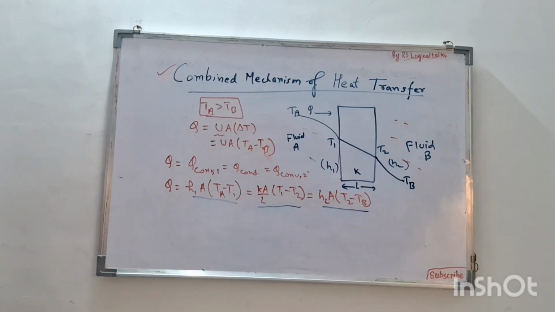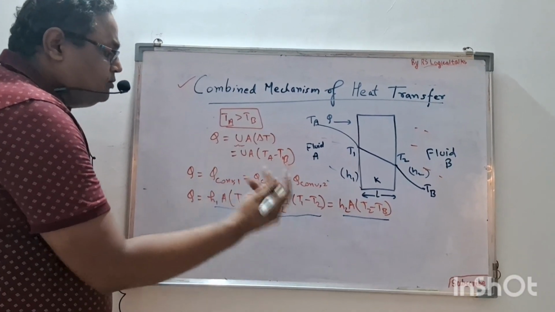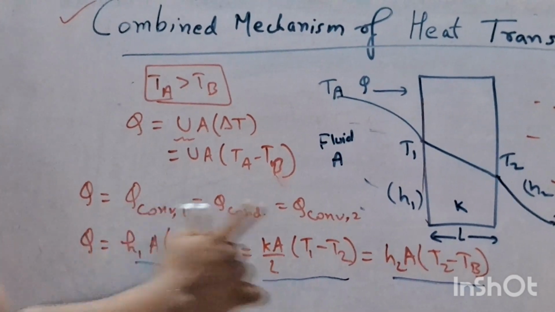Next, for deriving the formula, we take the first two, then the next two, and lastly the first and last one.